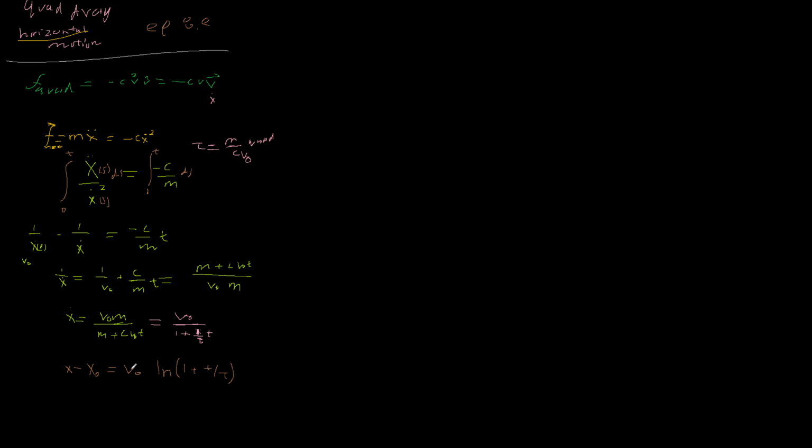If you do the same thing from 0 to t, the first value is at t, then we subtract, and this becomes natural log of 1, which is 0, so we don't have to worry about that. And so our final equation of motion with quadratic drag in the x direction is x equals x naught plus our initial velocity times natural log of 1 plus t over tau.